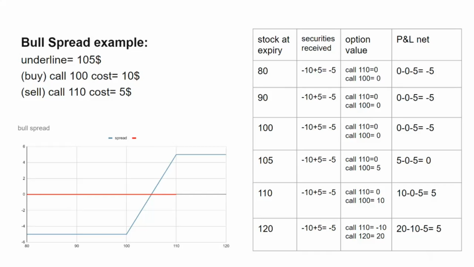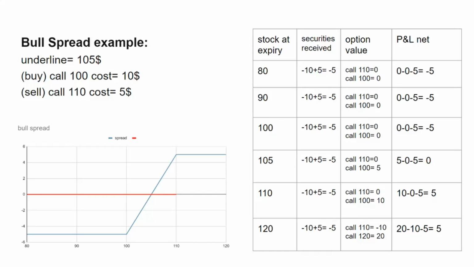Since we got $5 from the call 110, and still we have spent $10 for the call 100, all in all it gives us a net loss of $5. Also, the same happens at 90 strike and 100 strike. That means that we're going to lose all our initial strategy building cost, and that's $5.